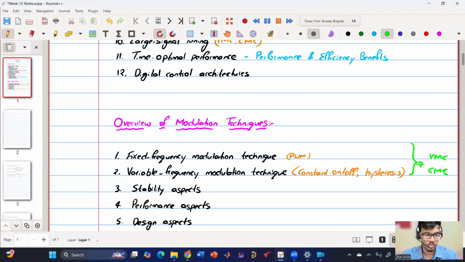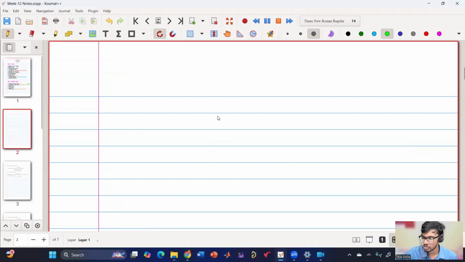Voltage based constant on time, constant off time, current based constant on time, constant off time, and hysteresis also, voltage based as well as current based, and the same we have done for fixed frequency. Now we can also see the overview of the modeling techniques that we have used.